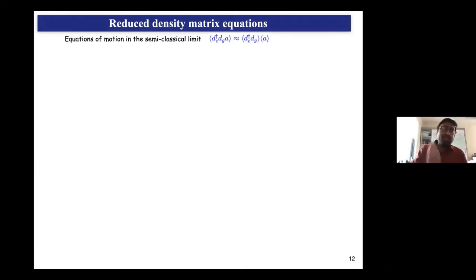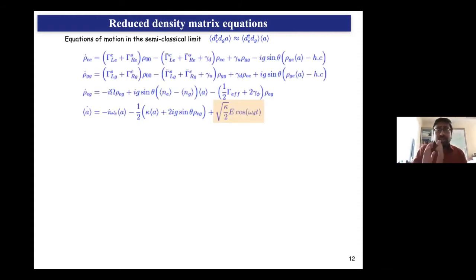Now, once you have this reduced master equation written in the Lindblad form, you can very simply write down the equations of motion for the quantities that you are interested in, so essentially you can write the collective set of equations of motion. Remember, when I'm looking at the cavity, I also have this driving term because we are doing the transmission measurement, and this is the set of equations that you get.